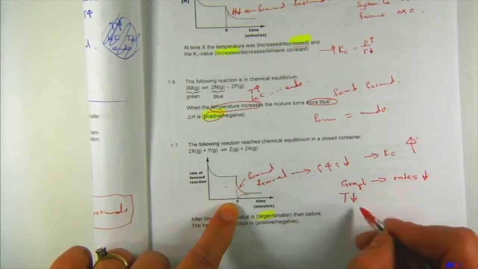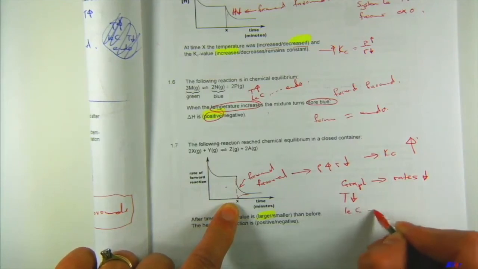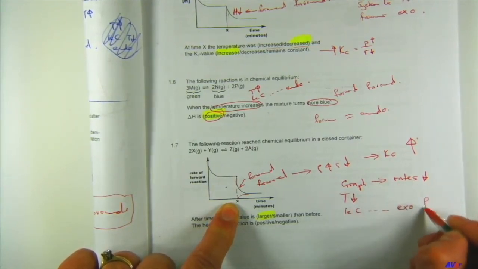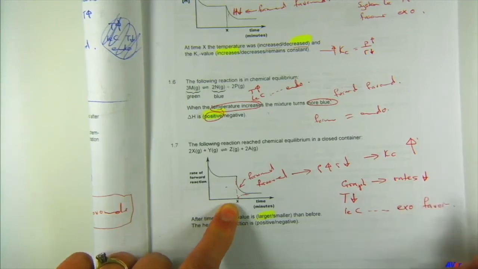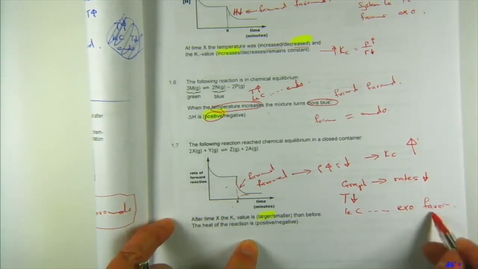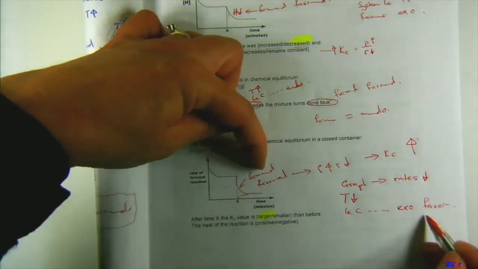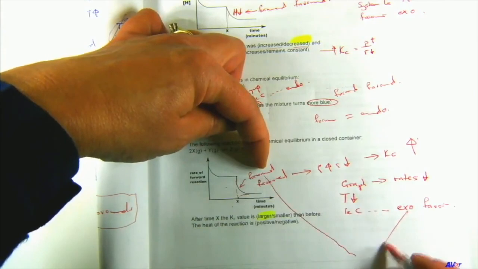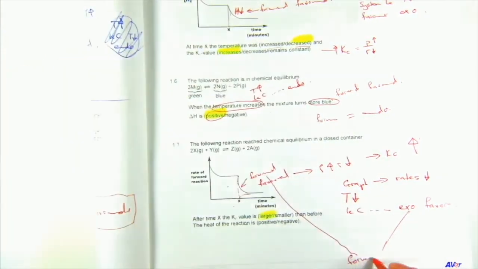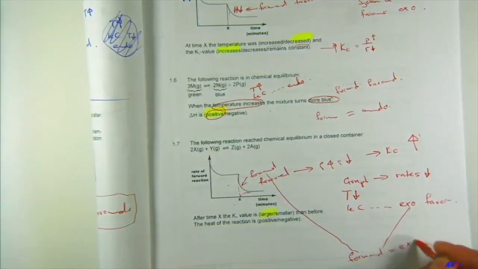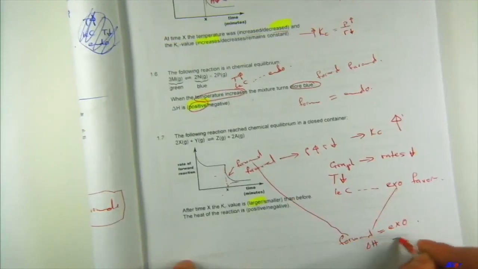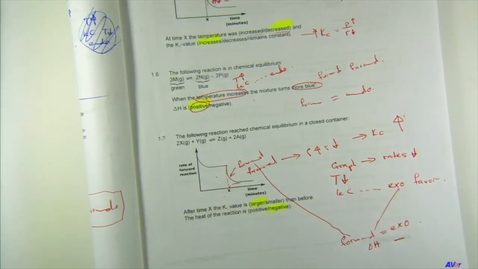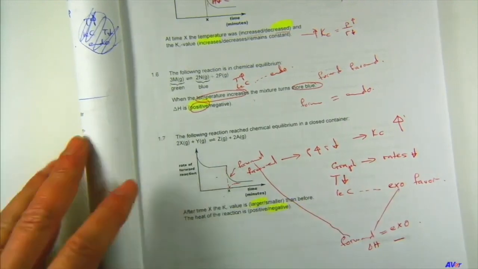And if the temperature went down, then Le Chatelier says the system is trying to increase it by favoring the exo. So the exo form is favored, but from the graph, we can see the forward is favored. So forward is actually exo, and therefore, delta H, negative. So these are really the difficult questions that you get with equilibrium.